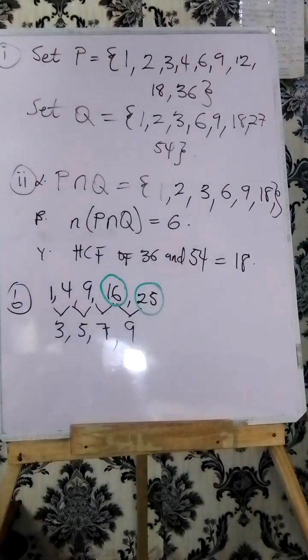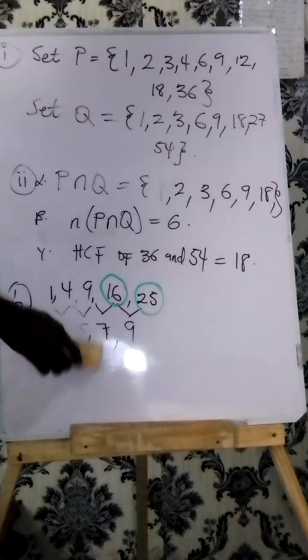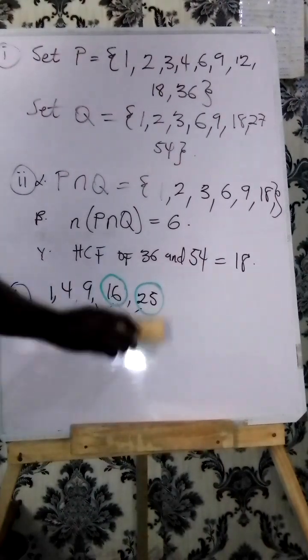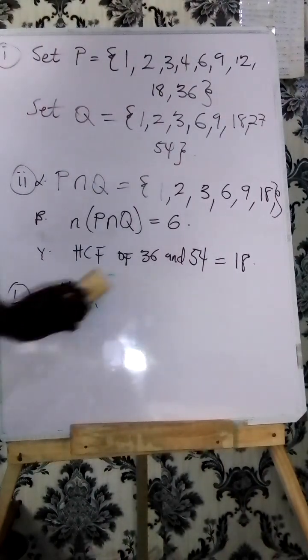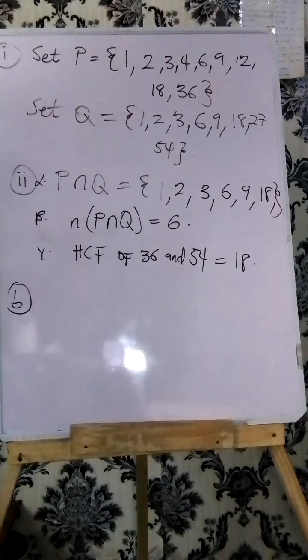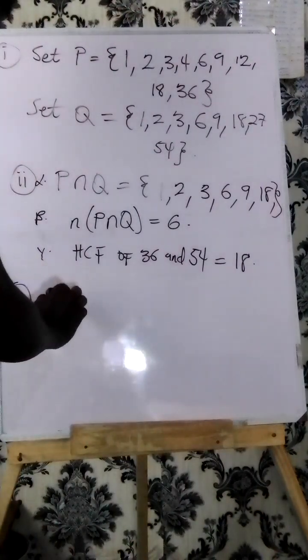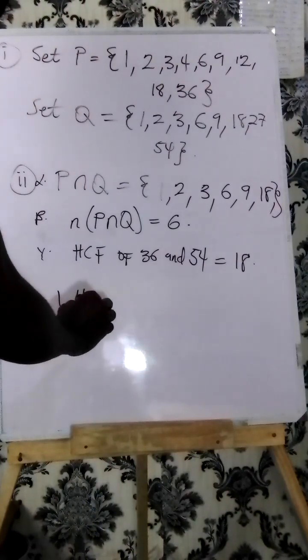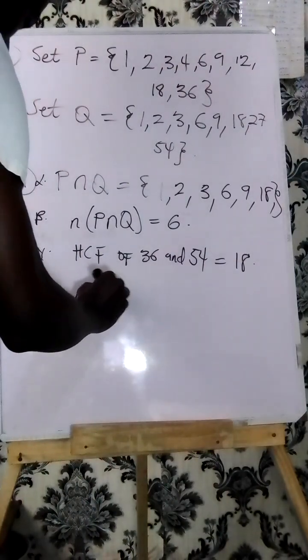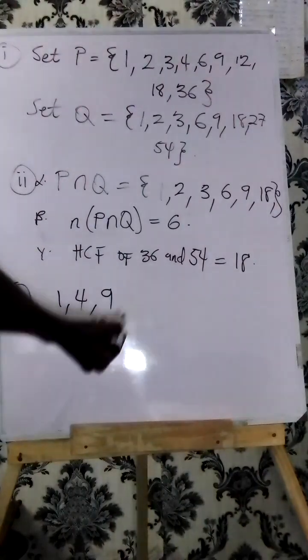The same way, let's use another method, which is called the squaring method. Okay, so if we have 1, 4, 9 in the question, how do we get the next two terms?